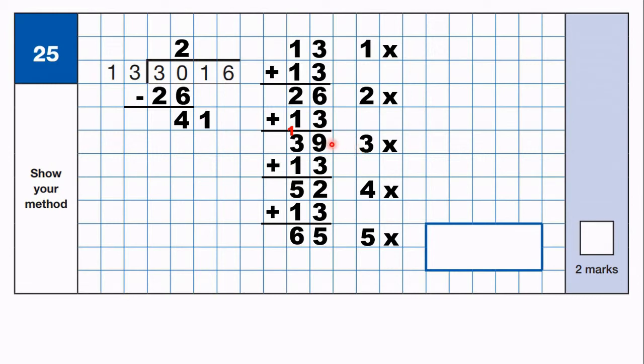The closest number which is less than 41 is 39. So we write that under the 41, and because 39 is 3 times, we write 3 in our answer. Now 41 minus 39 is 2, and if we bring down the 6, we have 26 divided by 13, which is 2. So our answer is 232.